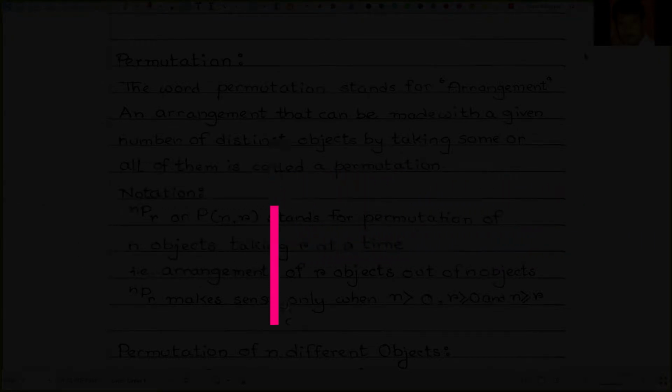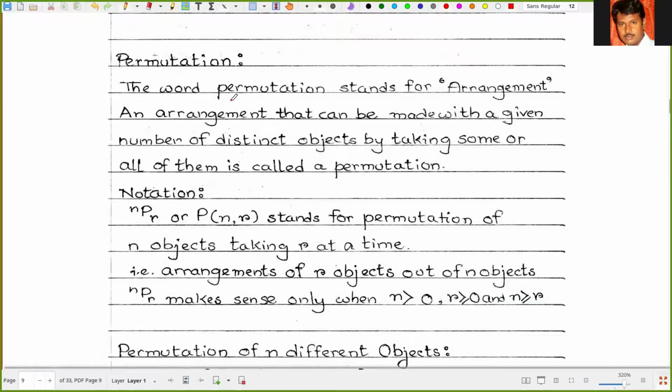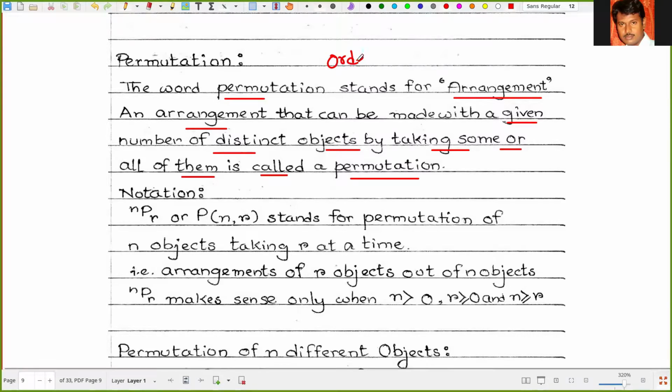So what does permutation mean? The word permutation stands for arrangement. An arrangement that can be made with a given number of distinct objects by taking some or all of them is called a permutation. But we have to remember that in the case of permutation, another term is very important, and that is called the order.